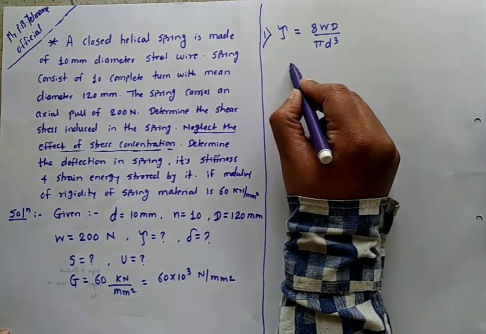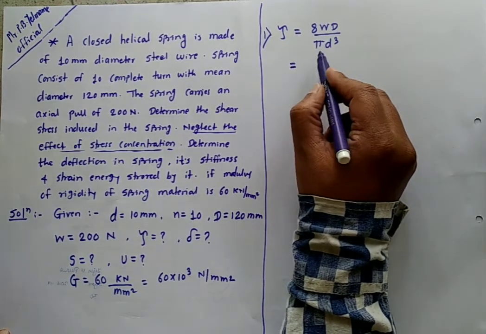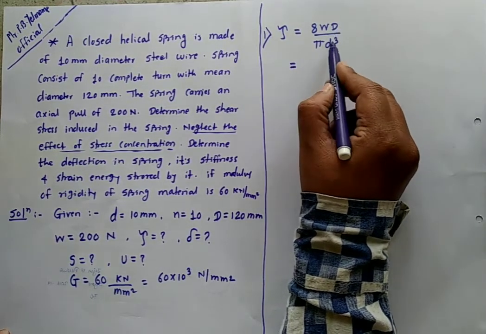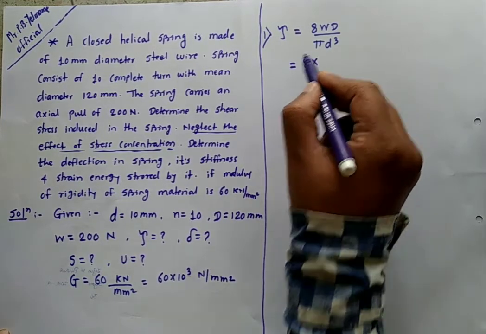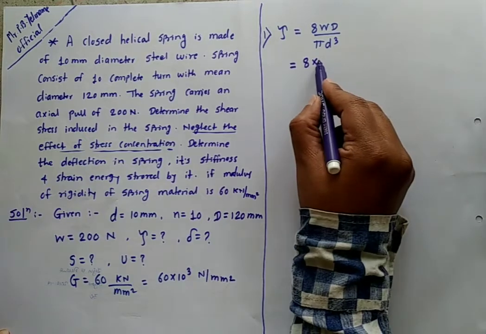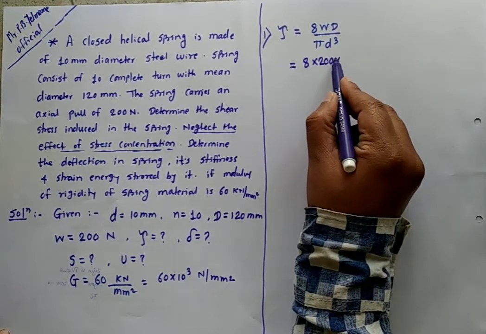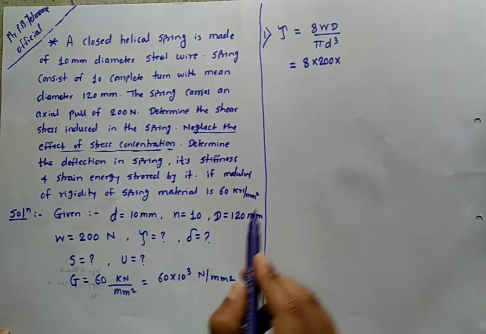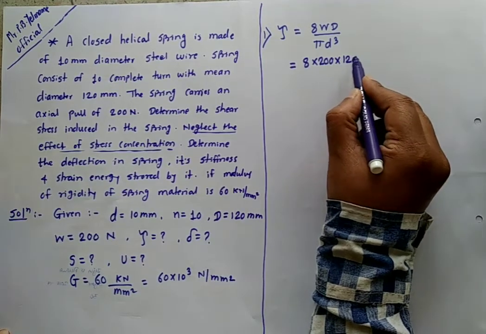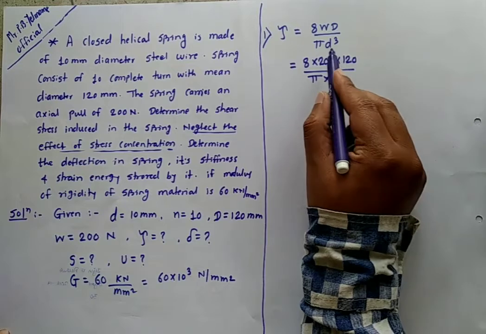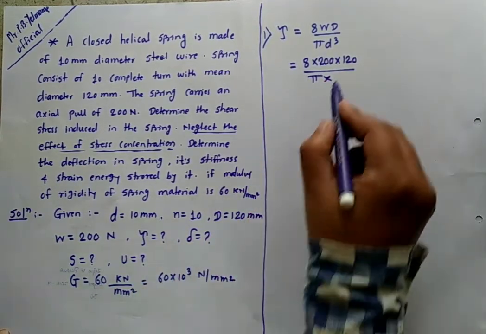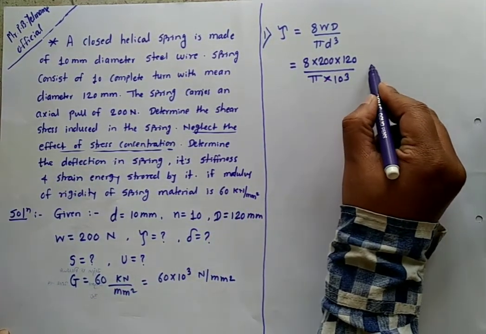So we put the value of W, capital D and small d. Now 8 into the value of W, which is 200, then capital D is 120, upon pi into the value of small d, which is 10, 10 cube.